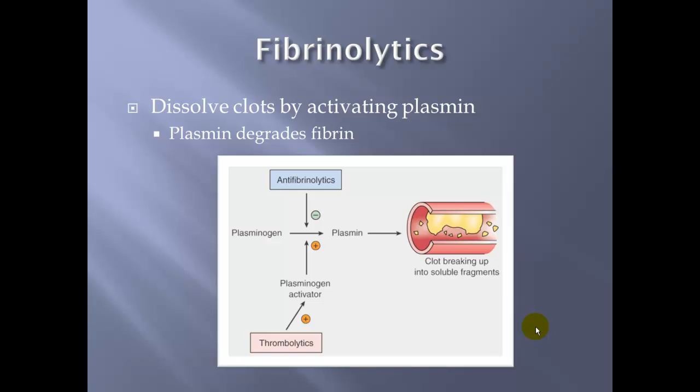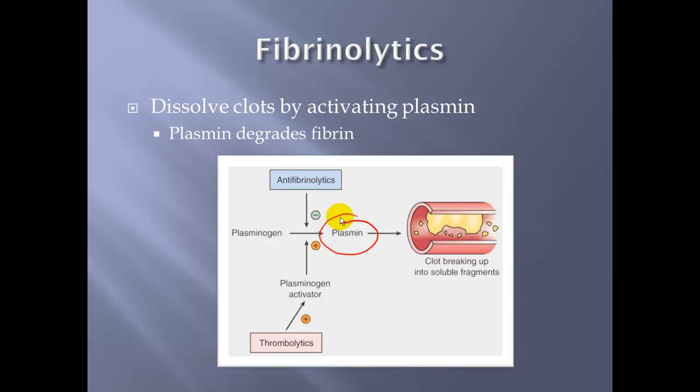Fibrinolytics. Now, we already talked about the bricks, the mortar, and the emergency patches. In fibrinolytics, I want everyone to understand that the wall we're building to form a clot actually has a self-destruct mechanism in it. The self-destruct mechanism is essentially plasminogen to plasmin. Anytime we make the active form of plasmin, the wall or the clot will break down.